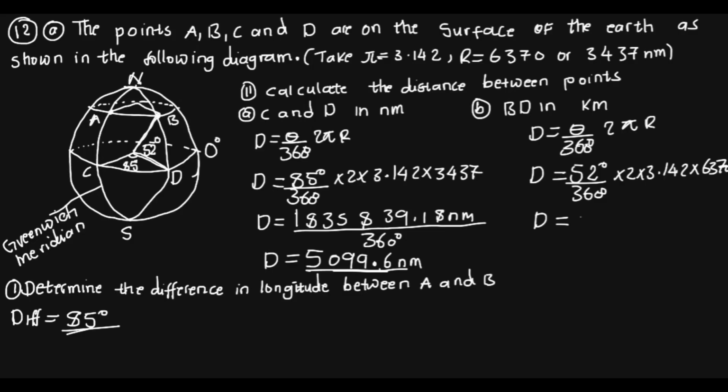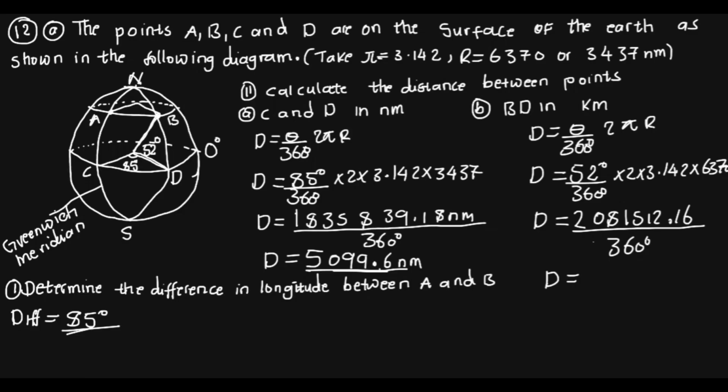So I'm getting 2,081,512.16 over 360. So we can now divide by 360.